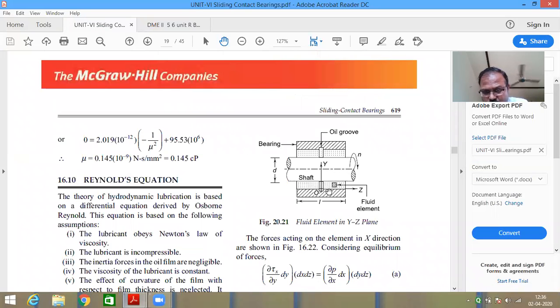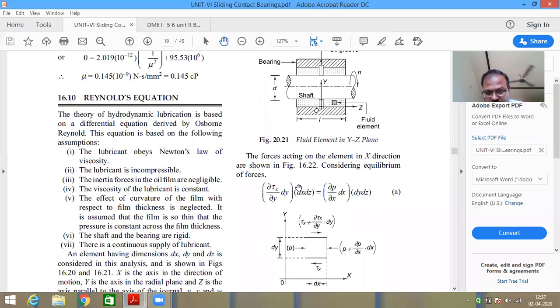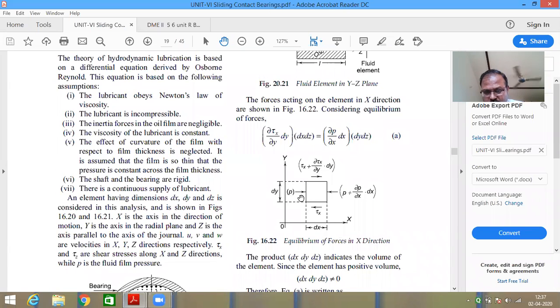The directions are shown over here. This is the Z direction, this is the Y direction, and the X direction will be perpendicular to the plane which we are looking at. So these will be the three directions, X, Y, and Z. We will be focusing on this rectangular element in the XY plane.